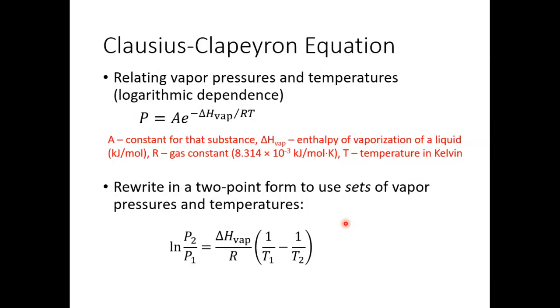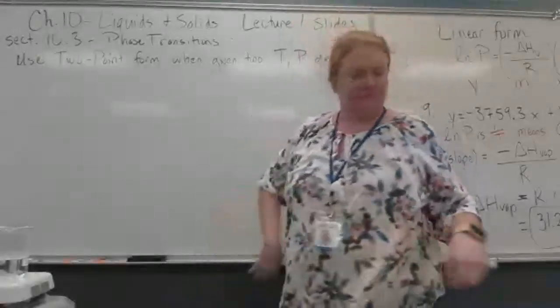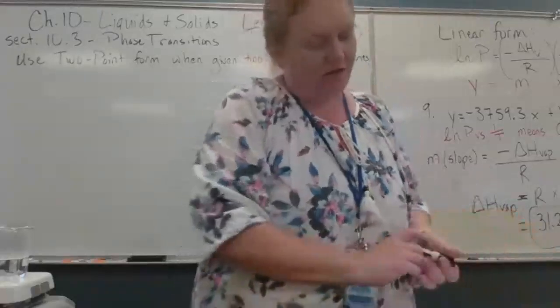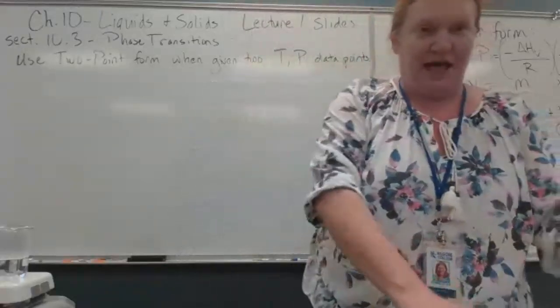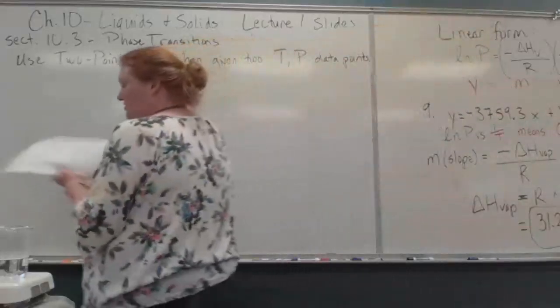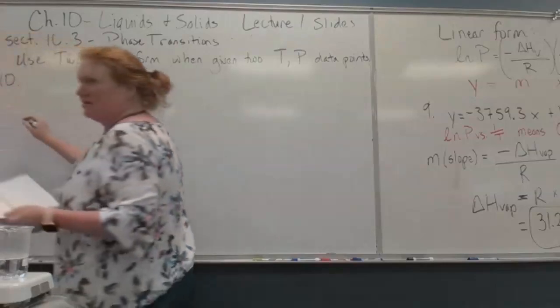Let's try one. Look at 10. Carbon tetrachloride has a vapor pressure of 54.0 kPa at 57.8 degrees C. That's how I always do my problems, guys. Let's start writing down what I was given.